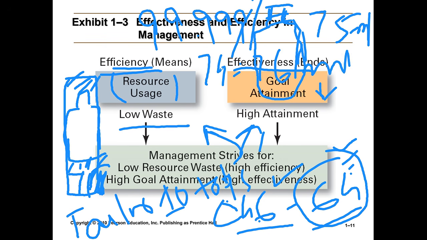Imagine if they are not following this Six Sigma, they are just wasting 2 ml per bottle. So instead of filling 75 ml, they are filling 77 ml. If they are producing 2 million bottles in a day, can we multiply 2 into 2 million? That makes 4 million.